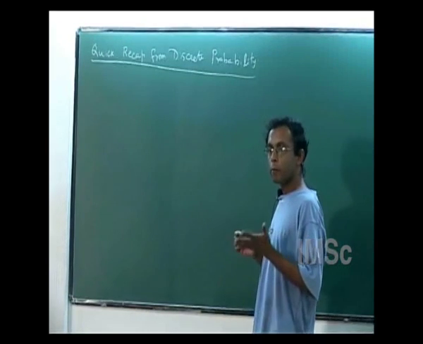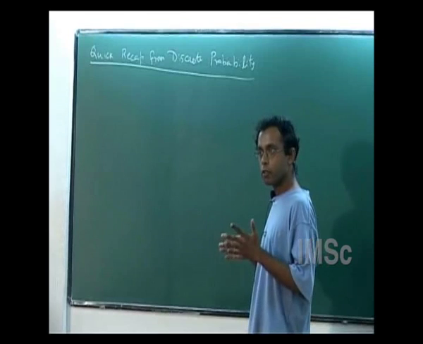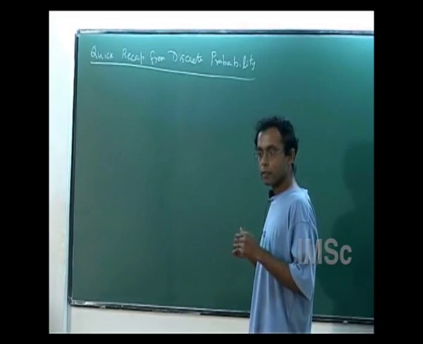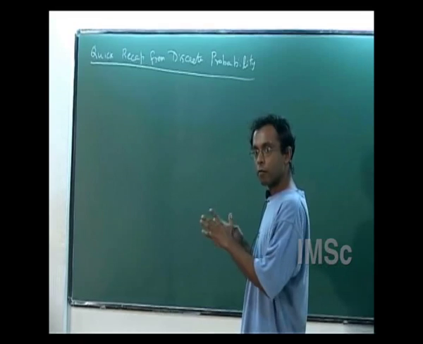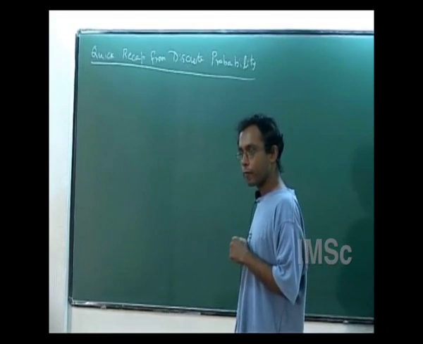I'm assuming that you are familiar with terms like sample space or random variable. If someone is not familiar, just feel free to ask, and then I will start from at least the words sample space and random variable.